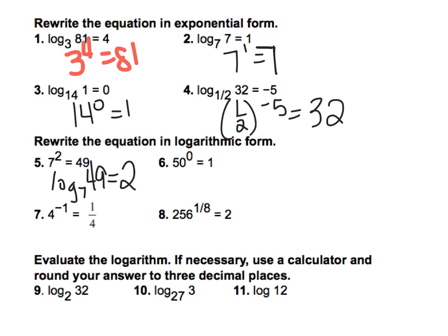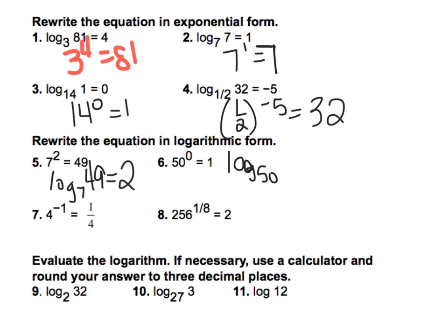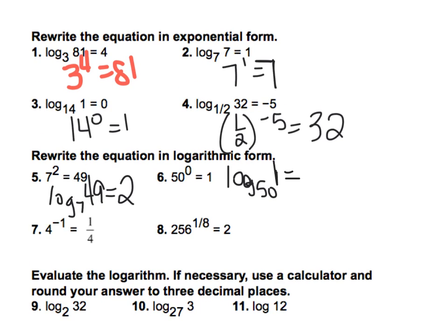Okay, just a couple more examples. If we had log base 50 of 1 equals 0. 4 to the -1 would be rewritten as log base 4 of 1/4 equals -1.